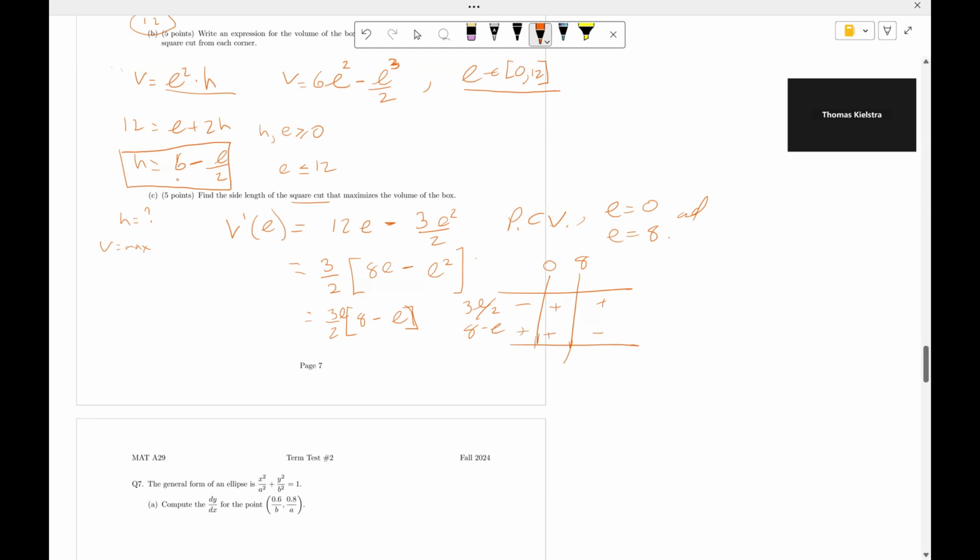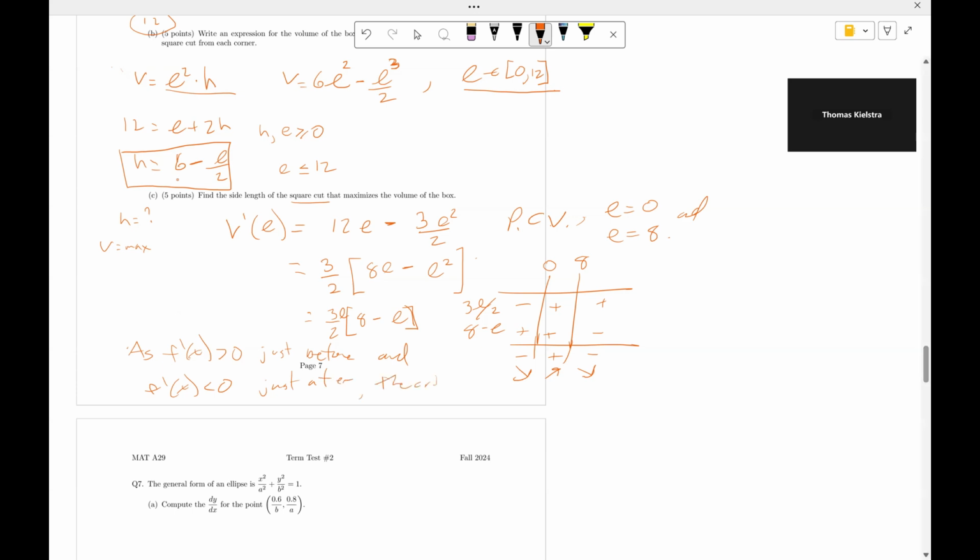So we see that we're negative, positive, negative, so decreasing, increasing, decreasing. V prime is greater than 0 just before, and V prime is less than 0 just after.